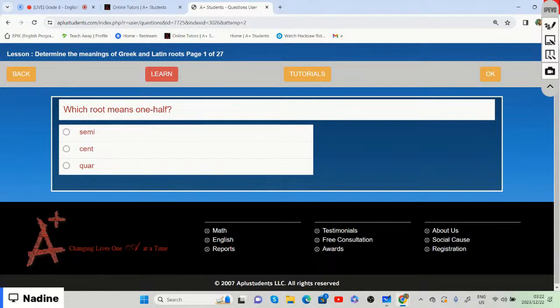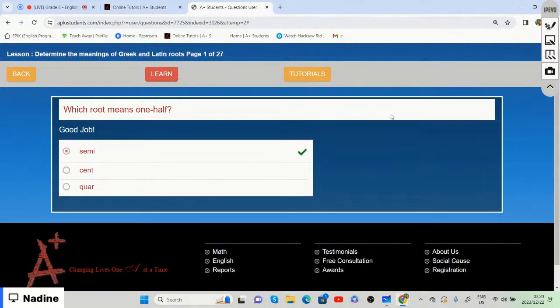Cent, is that a half? Or quad, is that one half? If we look at the question, which root means one half, then we can say semi means one half, and that is correct.